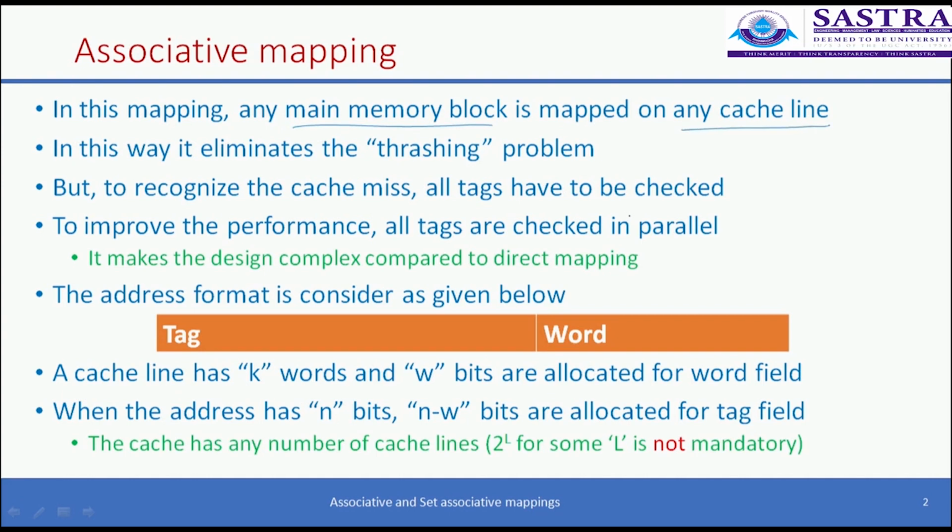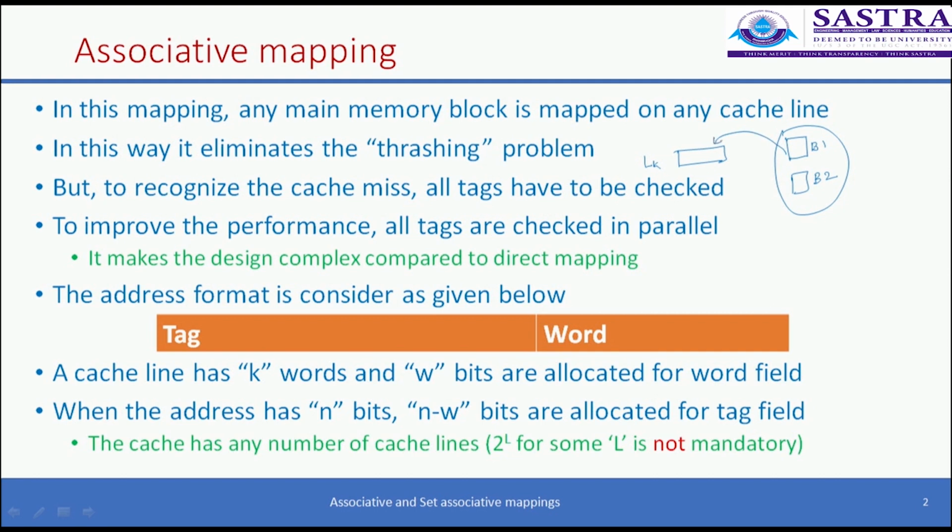In direct mapping, a particular block should be mapped on only one line based on the formula J equal to I mod n. Due to that, the thrashing problem occurs. Suppose 2 blocks B1 and B2 are to be mapped on the same line Lk, and suppose these 2 blocks are repeatedly accessed by the processor, then the thrashing problem will occur.